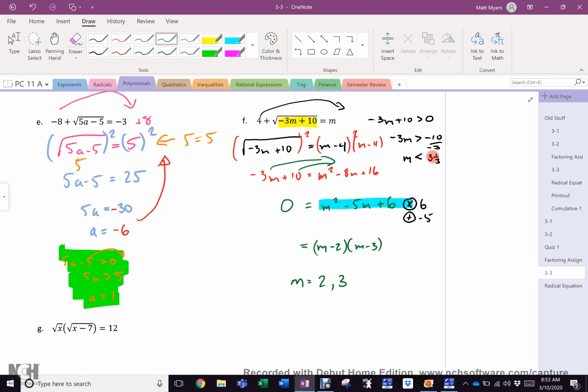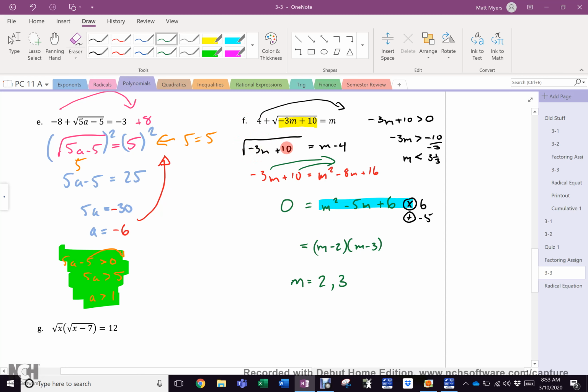Now, we can check in this first line here because all we did was move that 4. I think this one is easier to check than this one, but you can check anywhere you want, as long as the root is still there. You have to check in one of your lines that has the radical sign. So, what's -3 times 2?